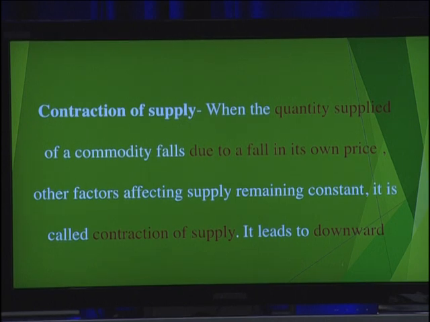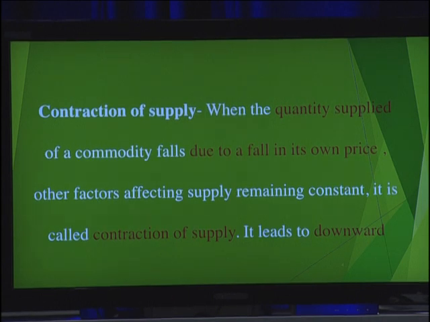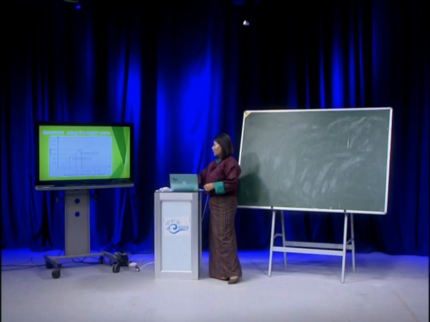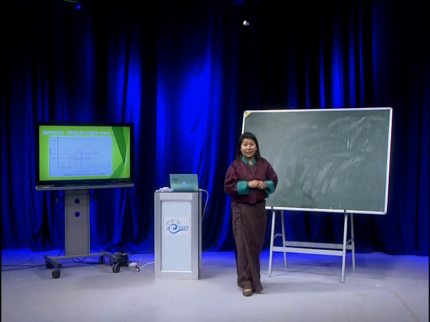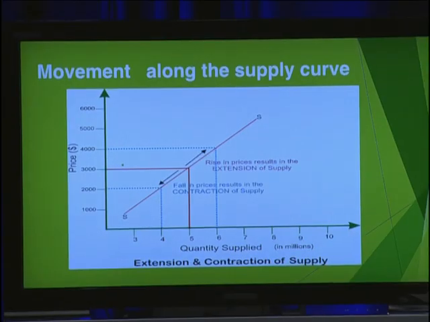Other factors affecting supply remaining constant, it is called contraction of supply, and it leads to a downward movement along the supply curve. And so, like I mentioned earlier, we have a graphical representation of the movement along the supply curve.